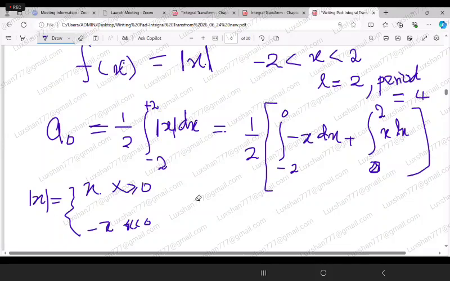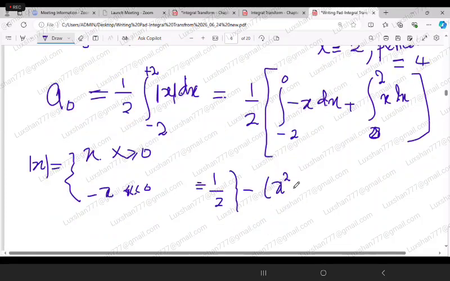If we evaluate, this is equal to half times, taking minus out, x squared by 2 from minus 2 to 0, plus x squared by 2 from 0 to 2.